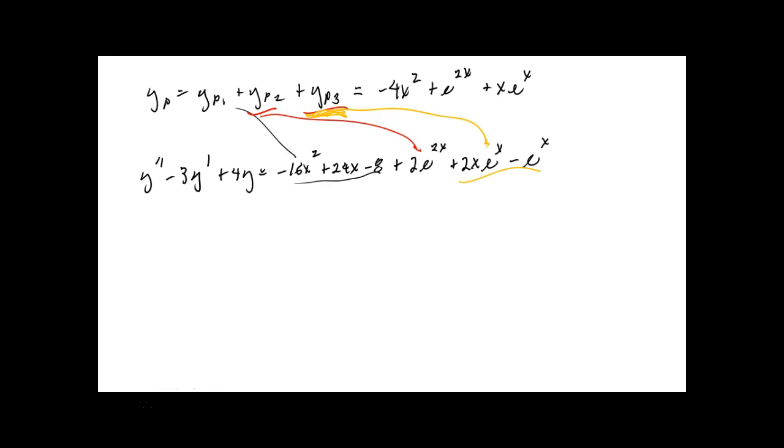So since each of these was a solution to one of the differential equations, the sum of these solutions would produce the sum of those there being a particular solution for this differential equation. That's what the superposition principle tells us, okay?